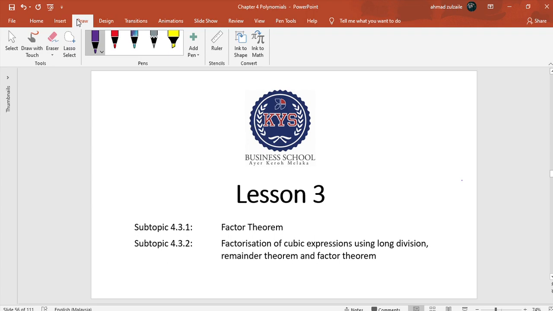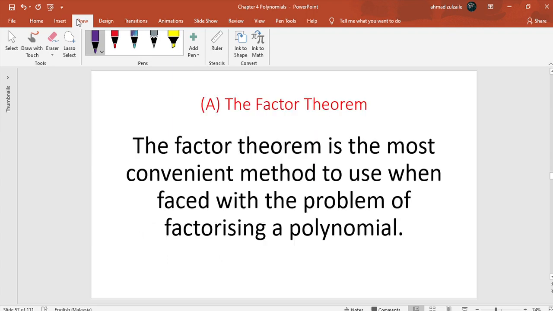Okay, so how do we factorize completely without using the calculator, especially for the cubic expression? Alright, so what does it mean by this factor theorem? Before this, the remainder theorem is actually the easiest way to identify the remainder for a specific division between two polynomials.